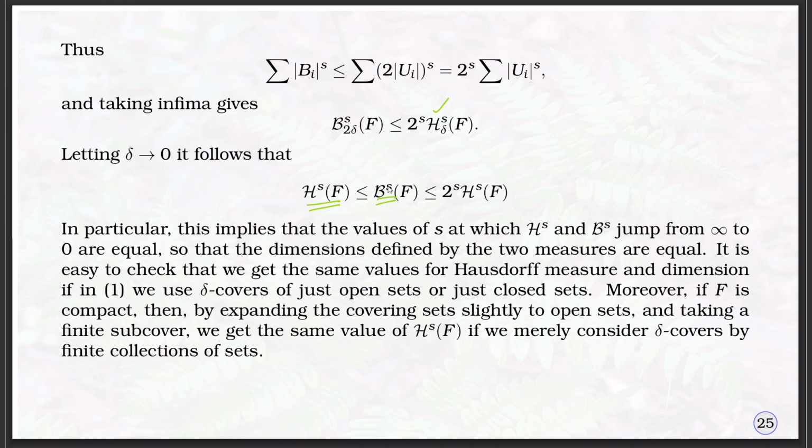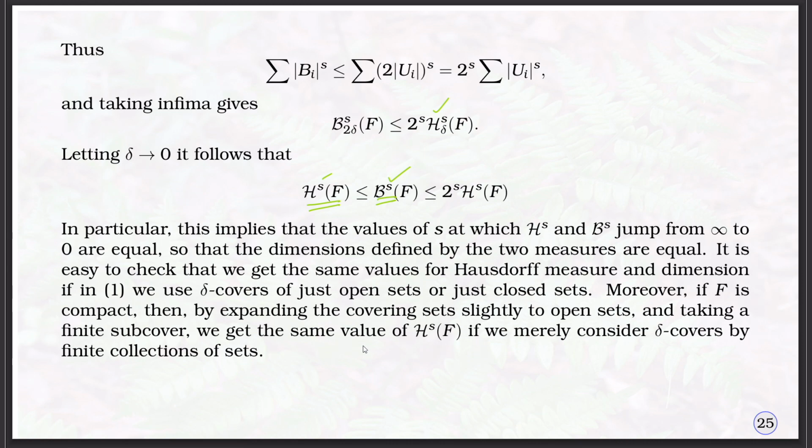So where s jumps from infinity to 0, for the same s value both will jump. It is easy to check that we can get the same value of the Hausdorff measure and dimension if we use delta covers of just open sets or just closed sets, instead of spherical balls.